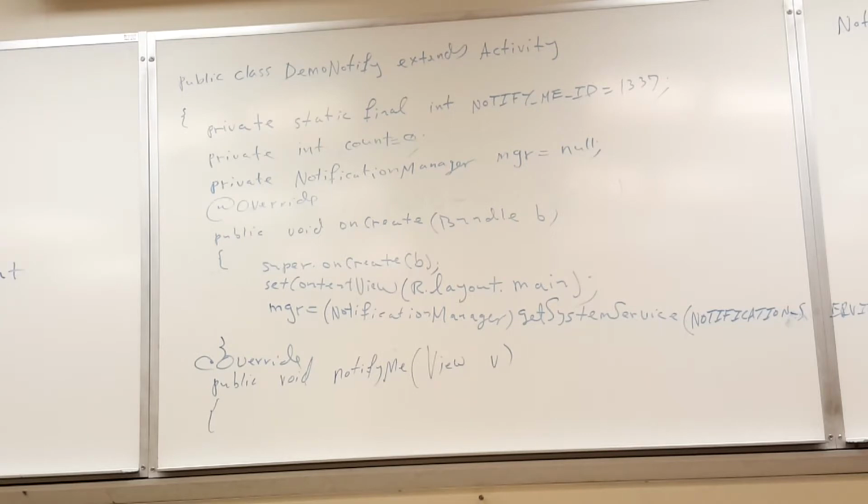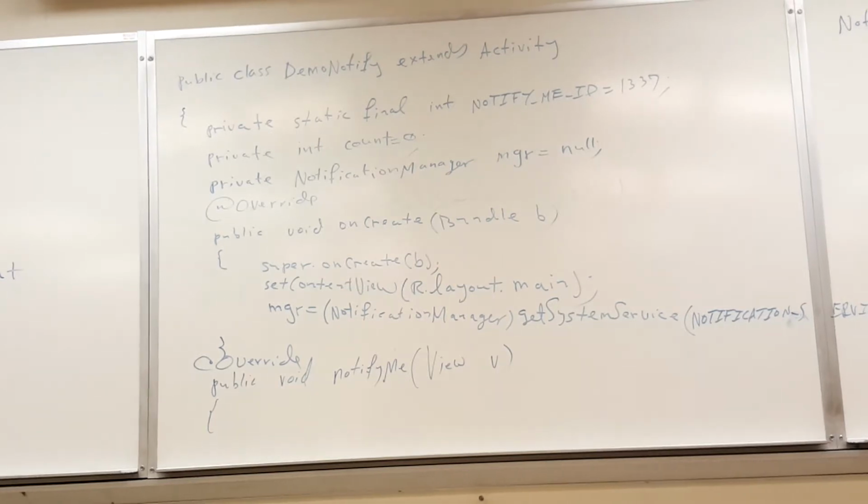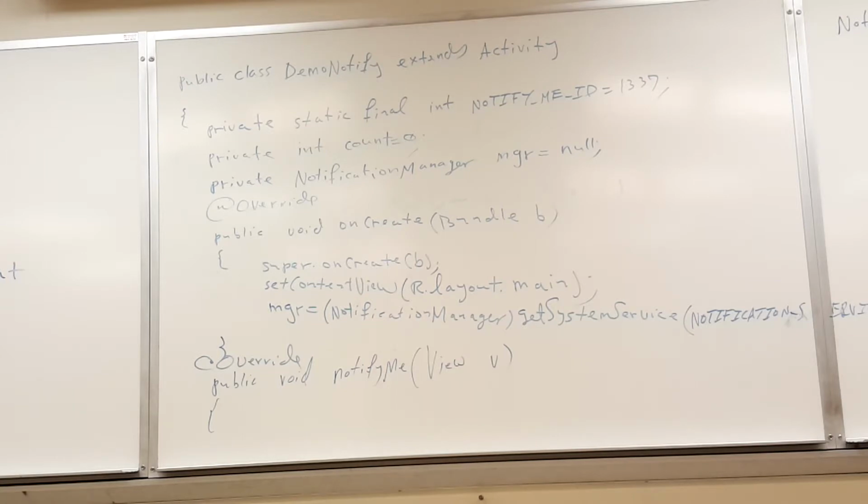So the easiest way is to use the system time, System dot currentTimeMillis, in milliseconds. Okay.